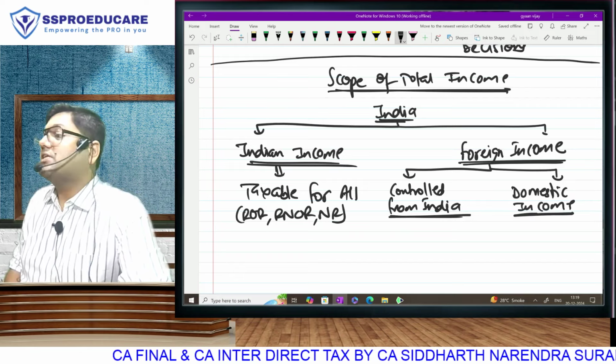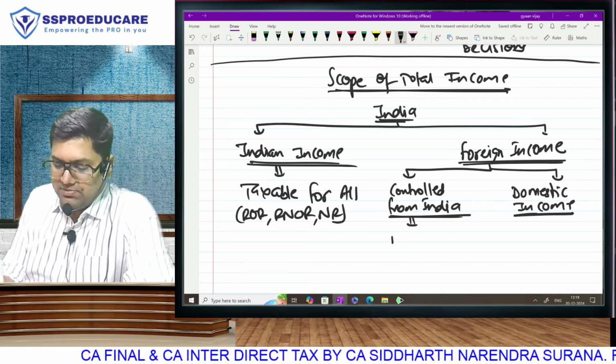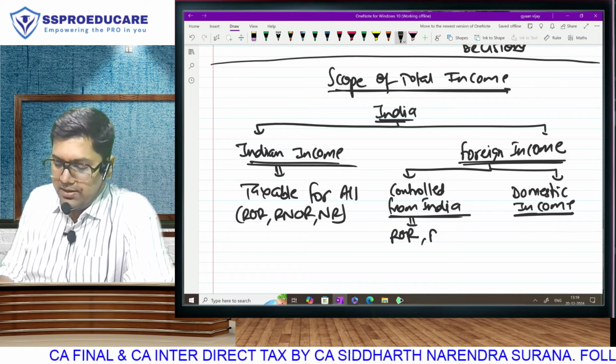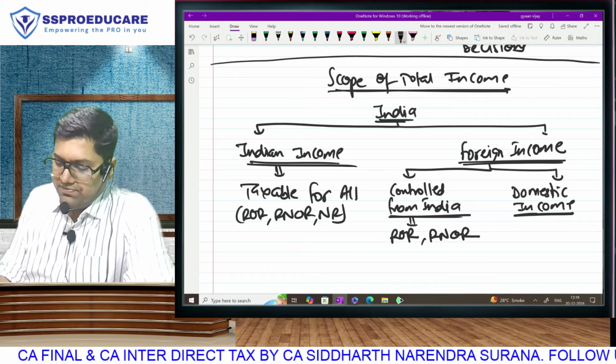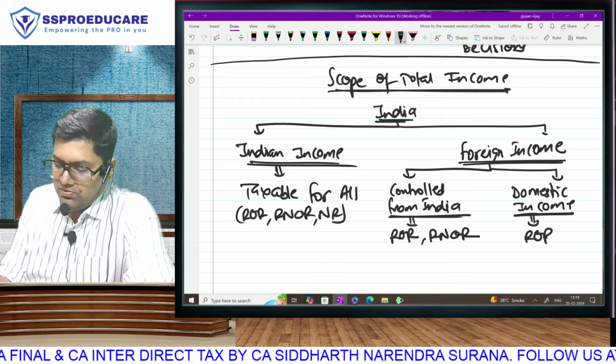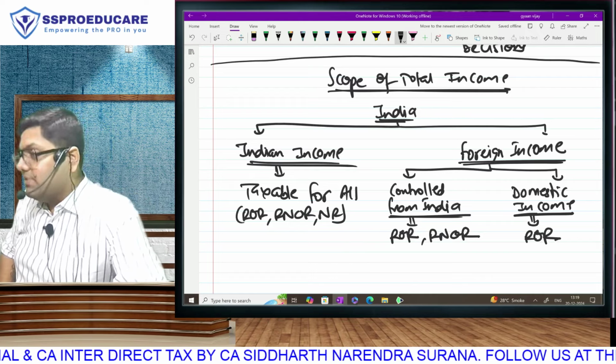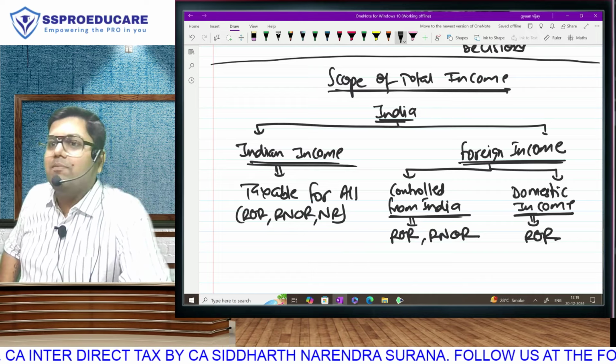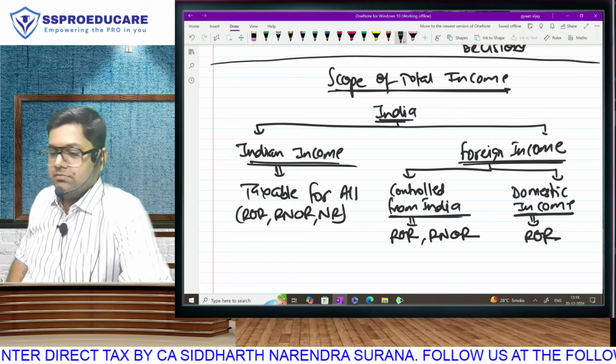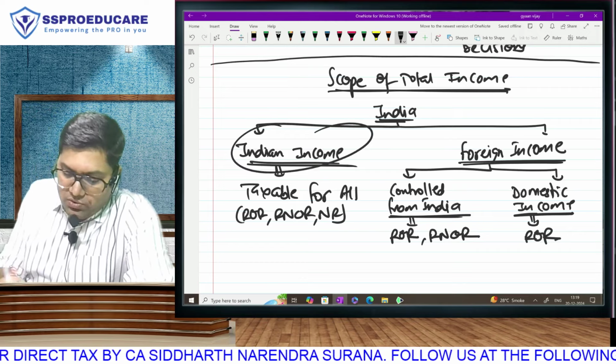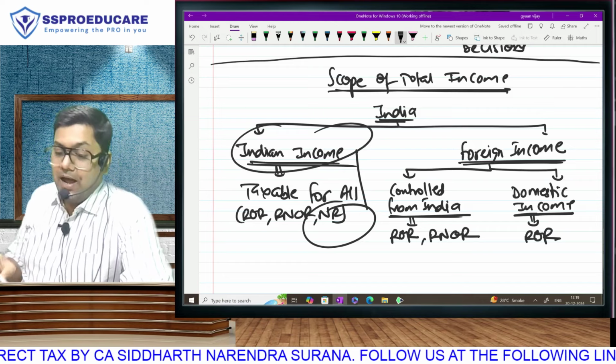The one which is controlled from India will be taxable for ROR and RNOR, but the one which is locally earned will be taxable only for ROR, which effectively means that ROR will be paying tax on everything. NR will be paying tax only on Indian income.